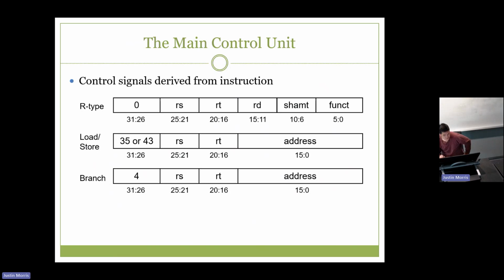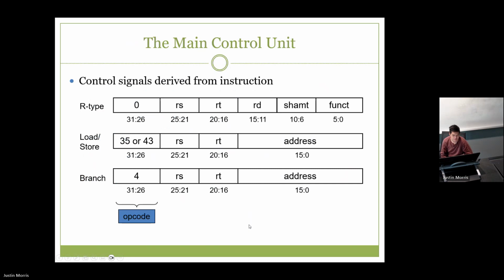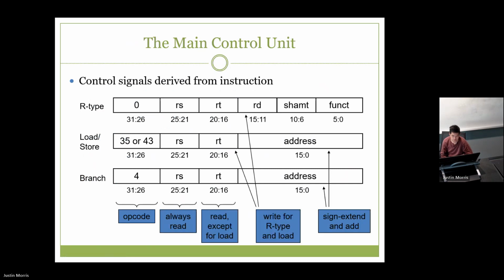So for our main control unit, the control signals are derived from the instruction. Specifically, we're going to derive them from the opcode, the first 6 bits. Our main control unit is not going to handle the funct code, because the secondary control unit, the ALU control, handles that. There are a few things that are simplified.